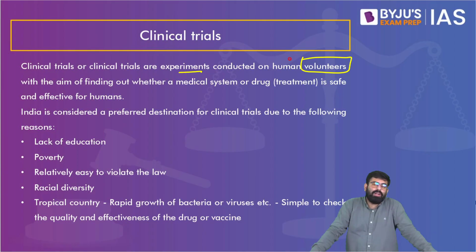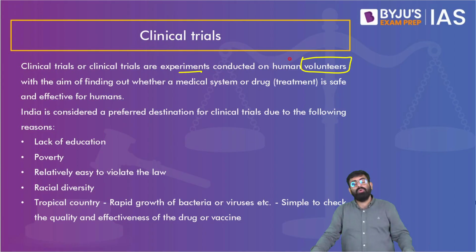Also, people are not aware, because the organization would say that it is not going to have any kind of adverse impact on you. This is just for medical research purposes, and they would agree. Why? Because they're not aware. And even in initial stages of clinical trials, people are not aware that there can be adverse impacts, adverse effects of that medicine, of that drug.